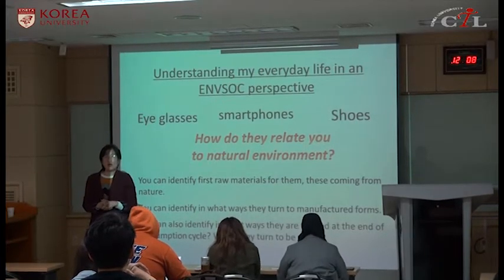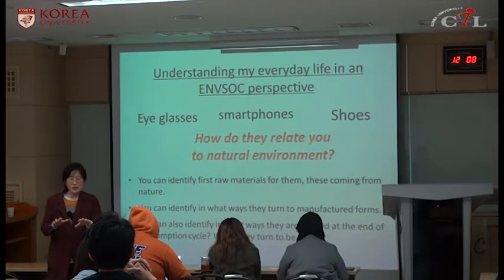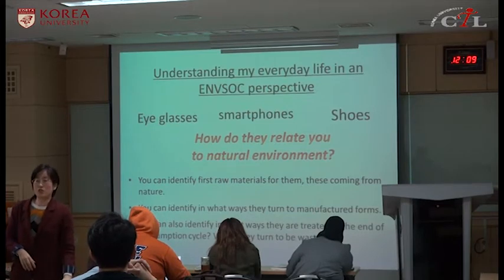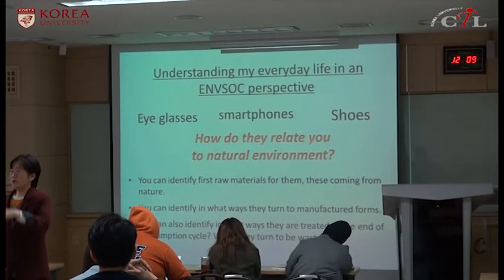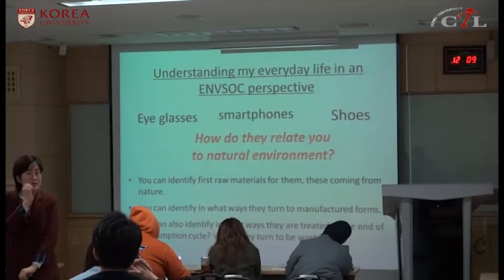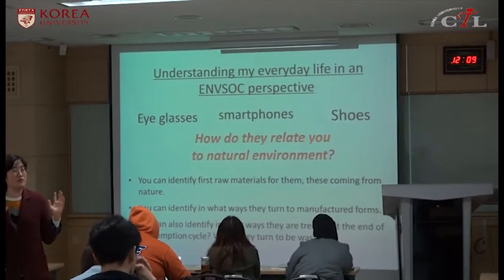When I say manufactured forms of nature, because normally all the raw materials, all the beginnings, they come from nature. Whatever we wear, whatever we eat, whatever we write on, all the beginnings come from nature, right?